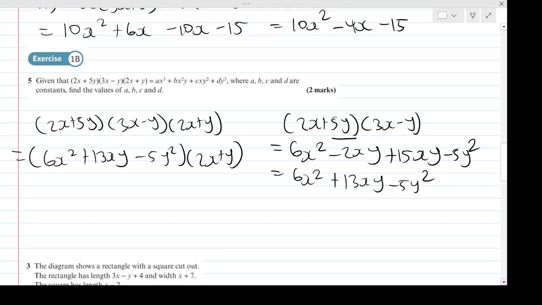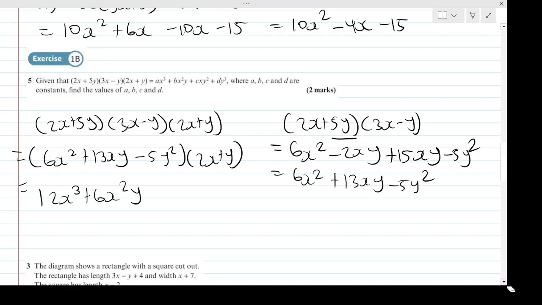Quite a gnarly bracket, lots of expansions, but we can expand this as well using the same method. Firstly, the 6x squared term times by everything in the other bracket. So 6x squared times 2x is going to be 12x cubed. Then we're going to have 6x squared times y, that's going to be plus 6x squared y.